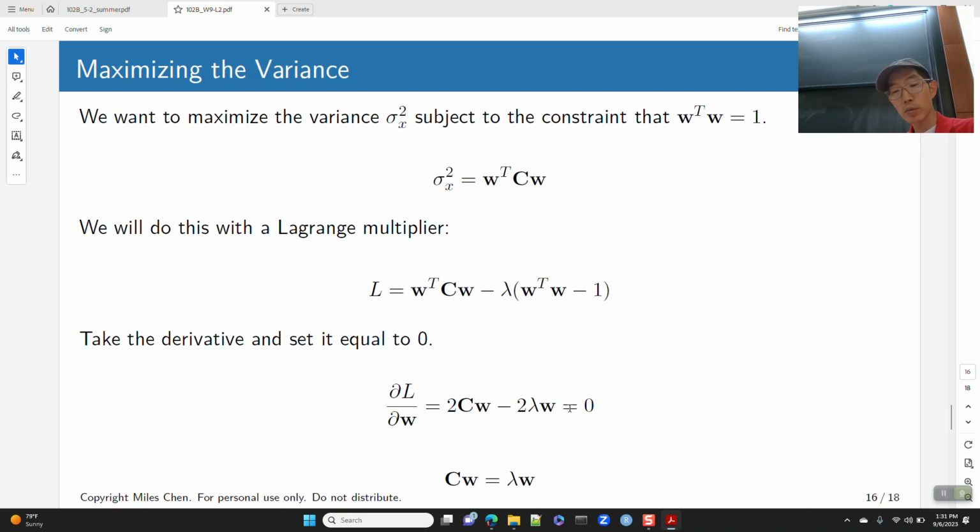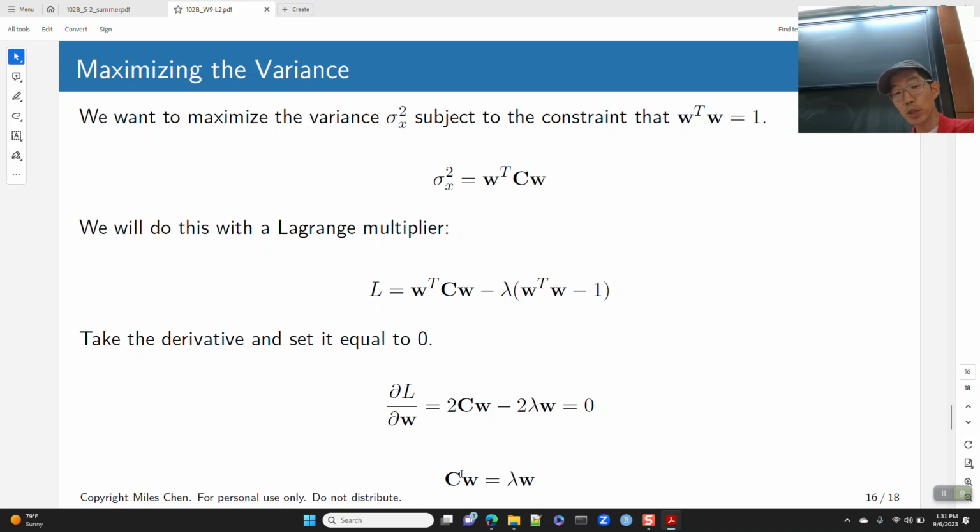We're going to set this gradient equal to 0 and solve for w. So I'm going to add 2 lambda w to both sides. And now I have covariance matrix times w is equal to lambda times w.